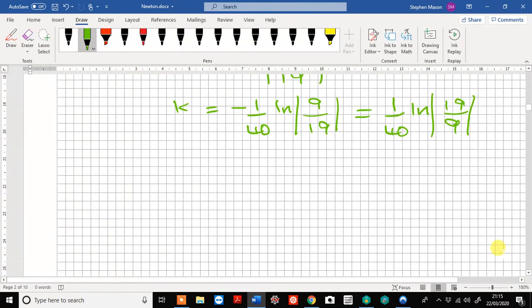And you can actually work that out as a number. I think I've just left it as a logarithm.